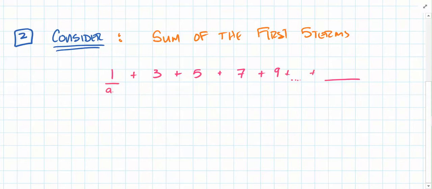So here's the very first term, here's the second term, here's the third term, here's the fourth term, here's the fifth term, okay? And let's say I am interested in the sum of the first 5 terms. This sequence will keep going, and we will do some more work with it. But for right now, let's just focus on the sum for the first 5 terms, okay?